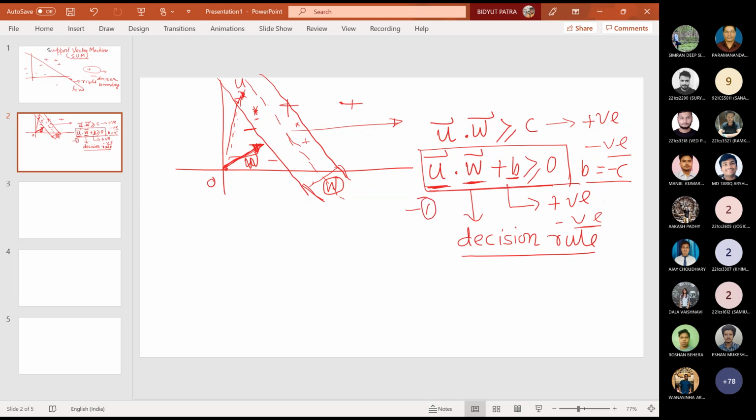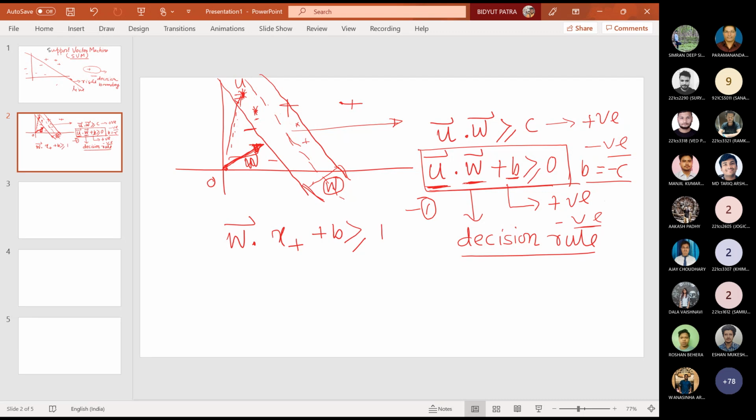Now what can we do more? Suppose we have a positive sample here. Instead of u, we can write w dot x positive sample plus b greater than or equal to 1.